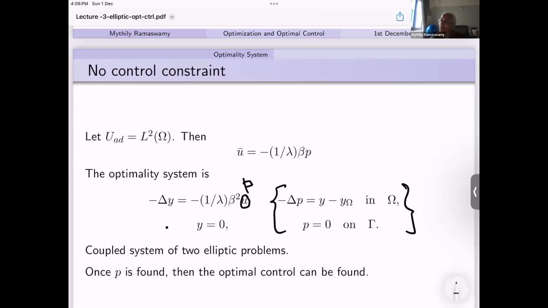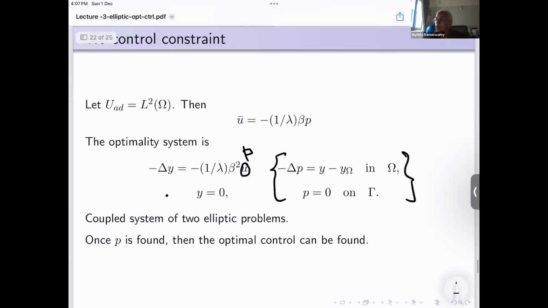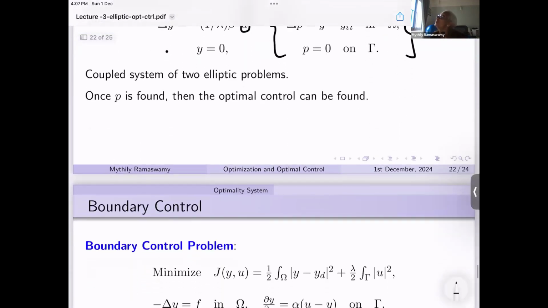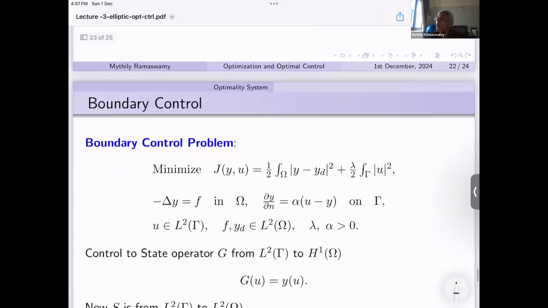And if I can find P, then I can find the optimal control. So the way we can solve the problem is, one is you try to solve these two together coupled, and then you calculate the optimal control. Of course, numerically, because by hand it's going to be more difficult. Okay, so let me go to the other case, the boundary control.